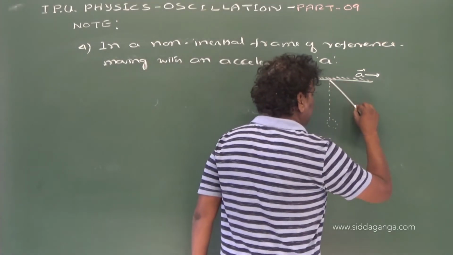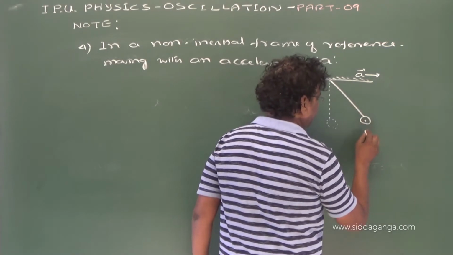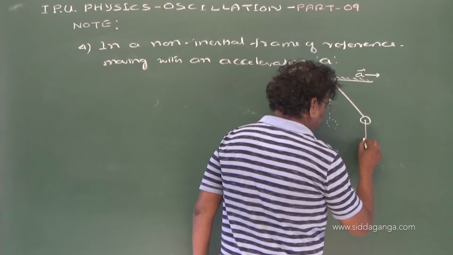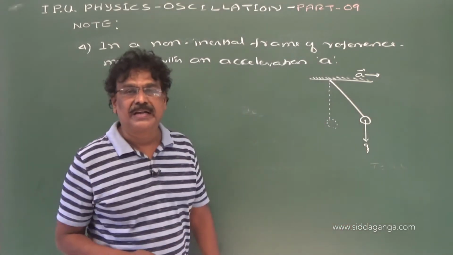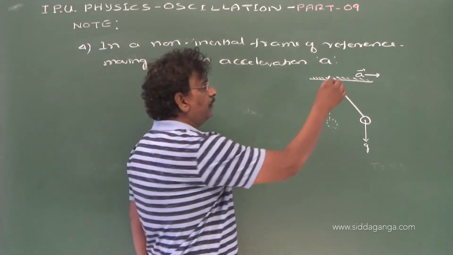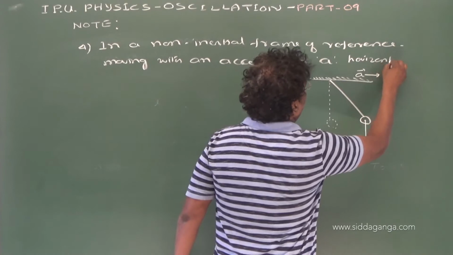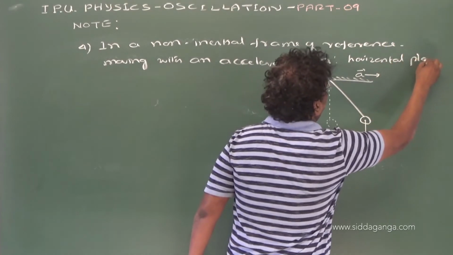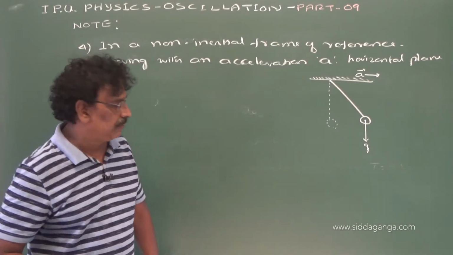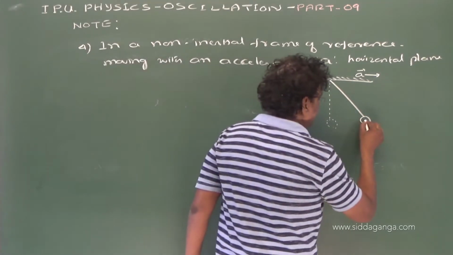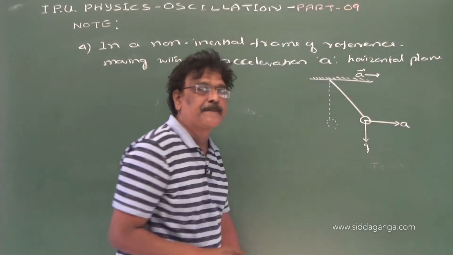Now when we consider the bob of the simple pendulum, here now the acceleration due to gravity acts vertically downwards. Now we will take, it is more correct to say, horizontal plane. Now the frame of reference is moving in horizontal plane. Now this is the acceleration of the frame of reference.